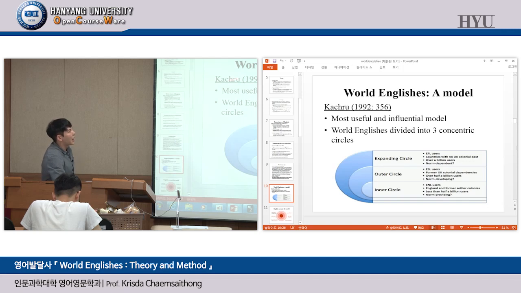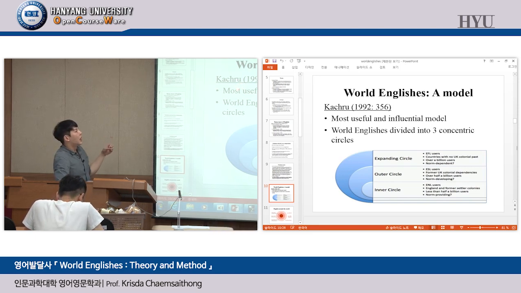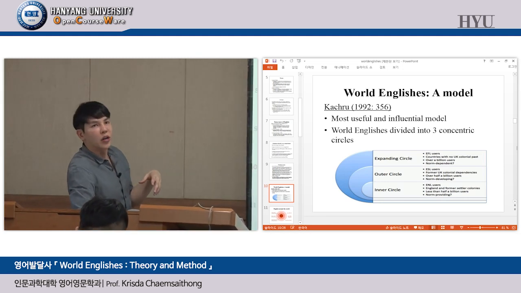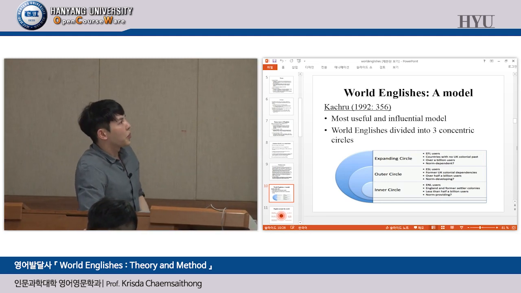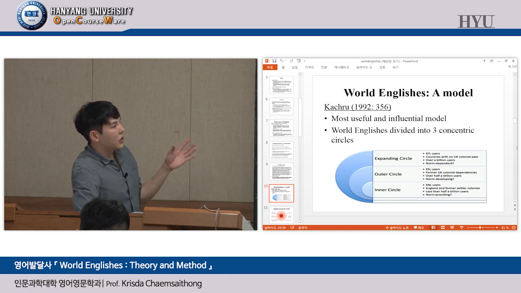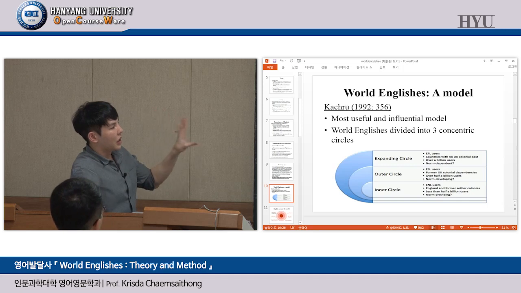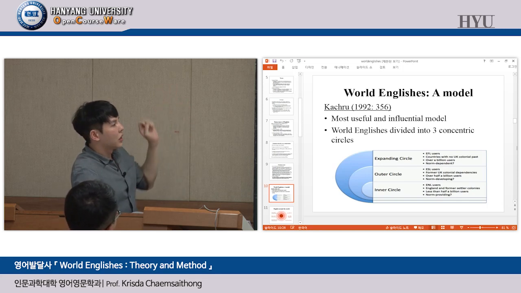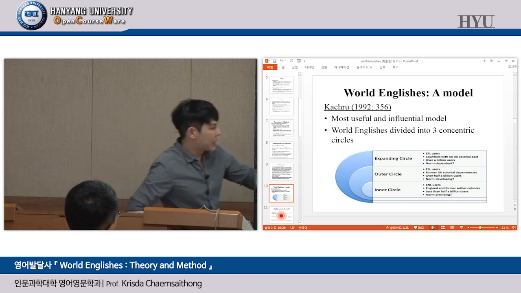Now this is by Kachru, right? Kachru, an Indian American scholar, right? He said that English can be divided into three concentric circles, meaning that this is the center, right?